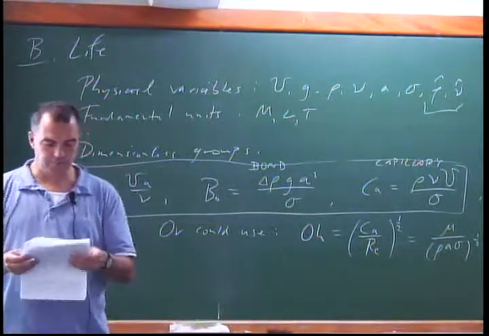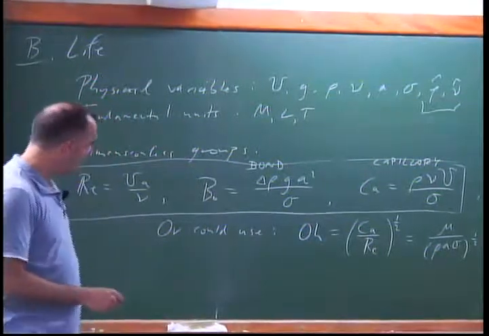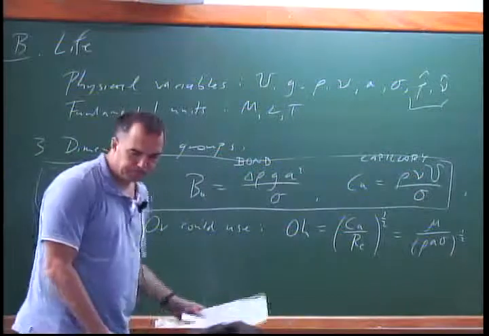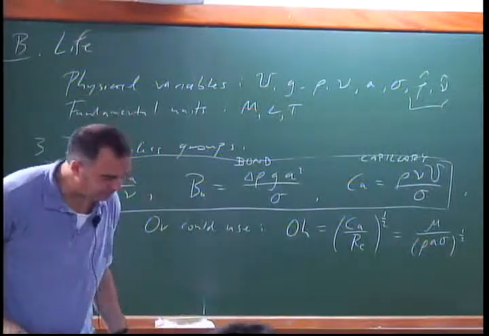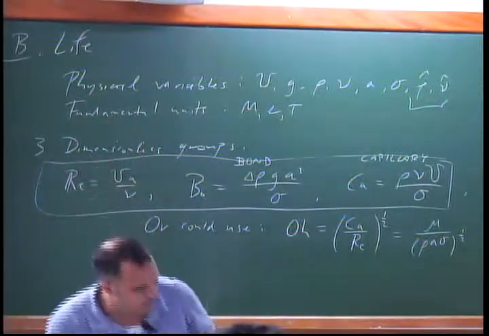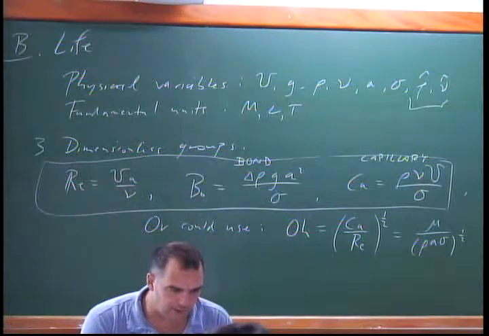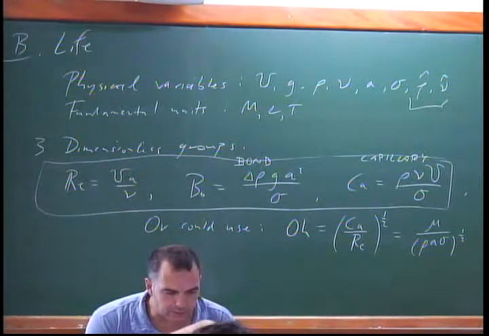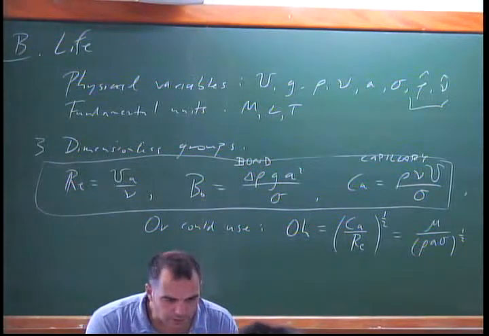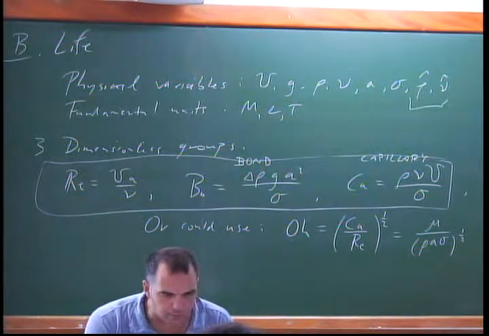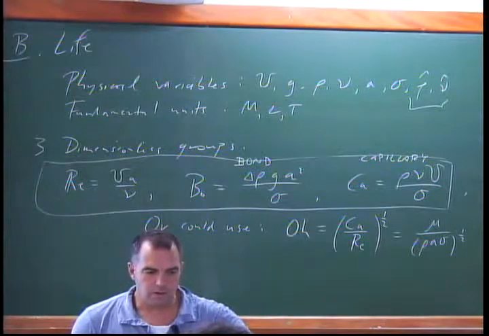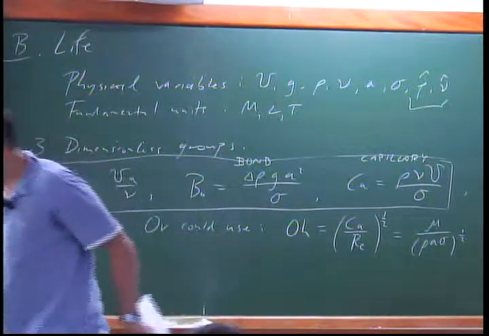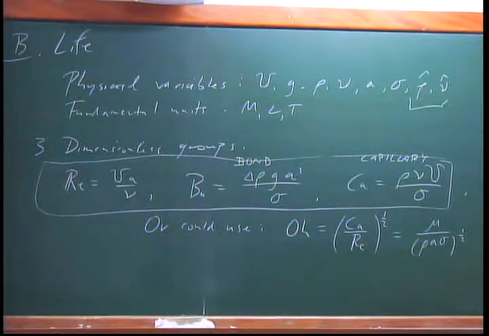Okay, so if we look at air bubbles in water, then we can characterize the system in terms of any two of these three parameters. Here we use the Bond number and the Reynolds number.